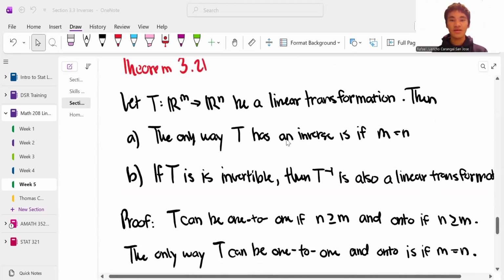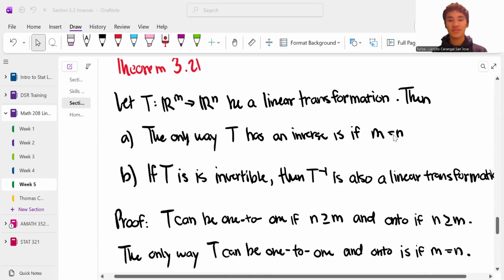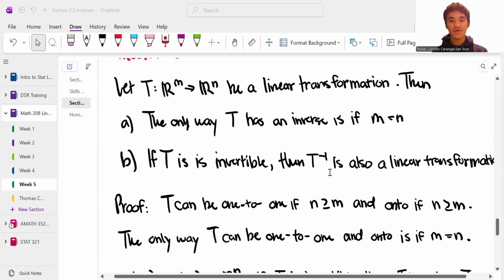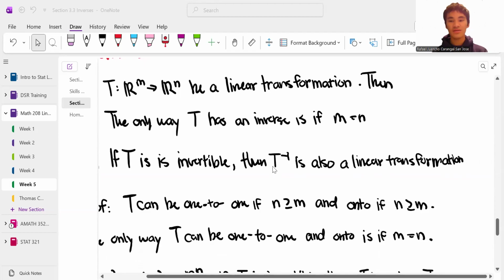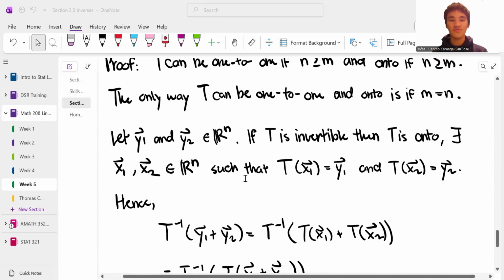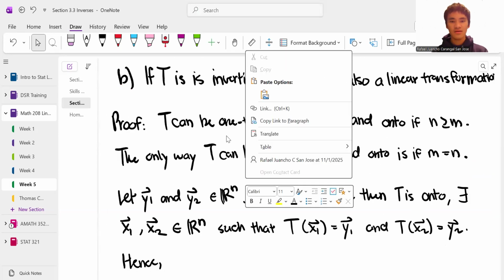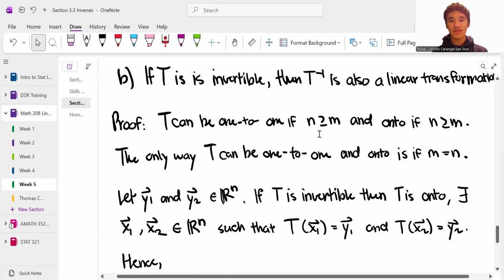So we say that T has an inverse only if M is N, and it's invertible if that T inverse is also a linear transformation. So we proved that if it's one-to-one, then N is greater than or equal to M. And if T is also onto, then it's also N greater than or equal to M. And so the only way for T to be one-to-one and onto is if they're equal.